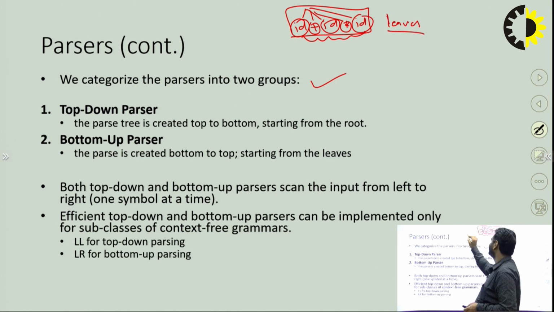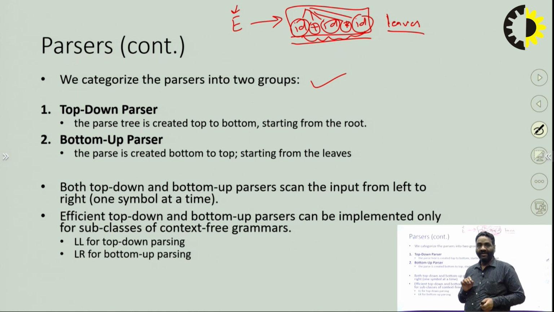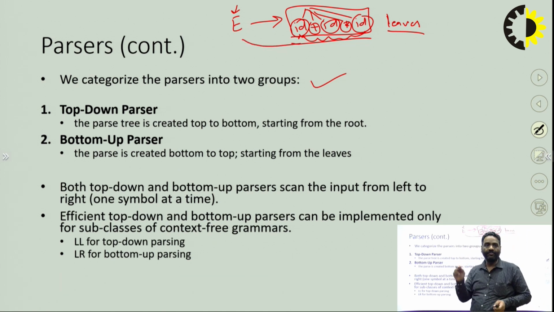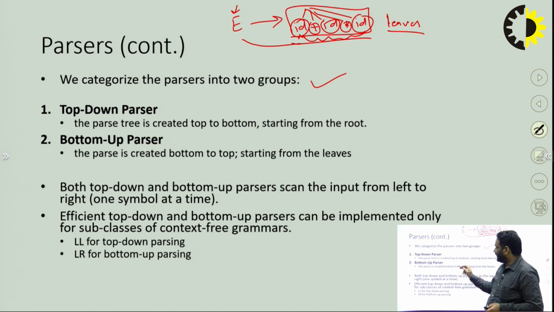So we start with the start symbol, suppose this is a non-terminal, and as our target we have the leaves, that is, these terminal symbols. This is known as the top-down parser, starting with the start symbol up to the leaves. Now the second category is the bottom-up parser.